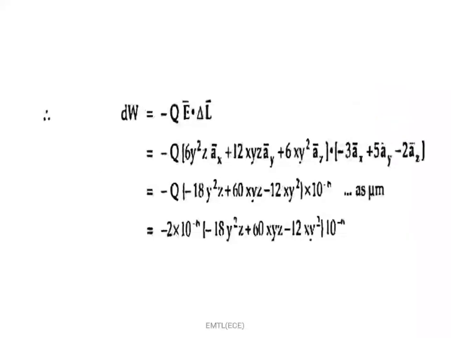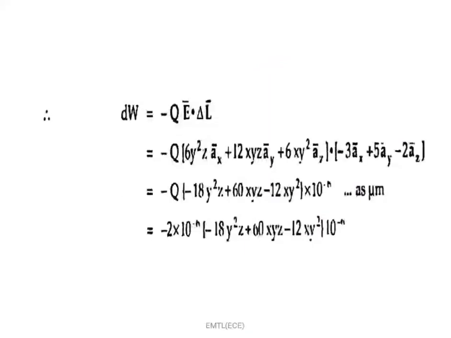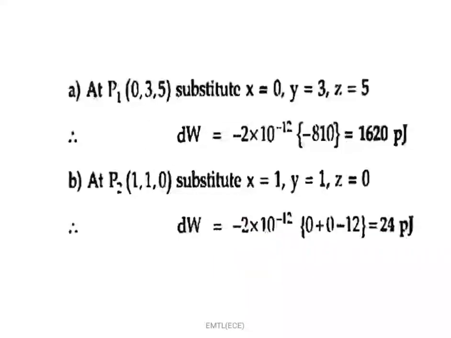By substituting the x value 0, these two terms are equal to 0. By substituting y and z as 3 and 5, this value is equal to minus 810.